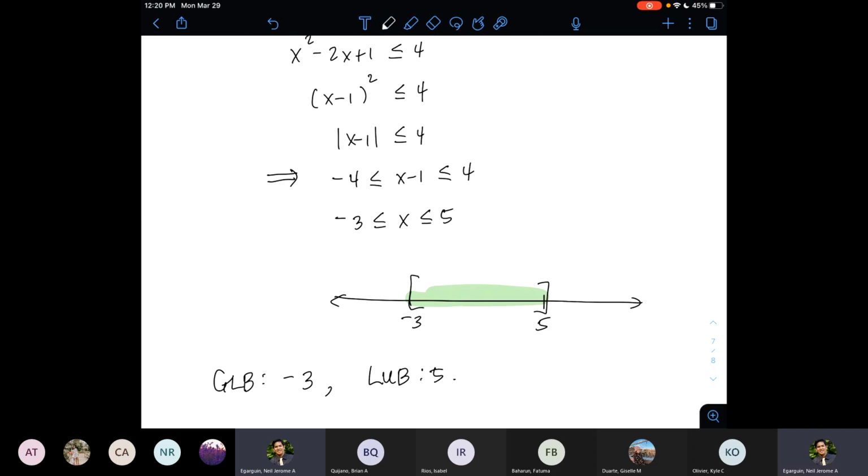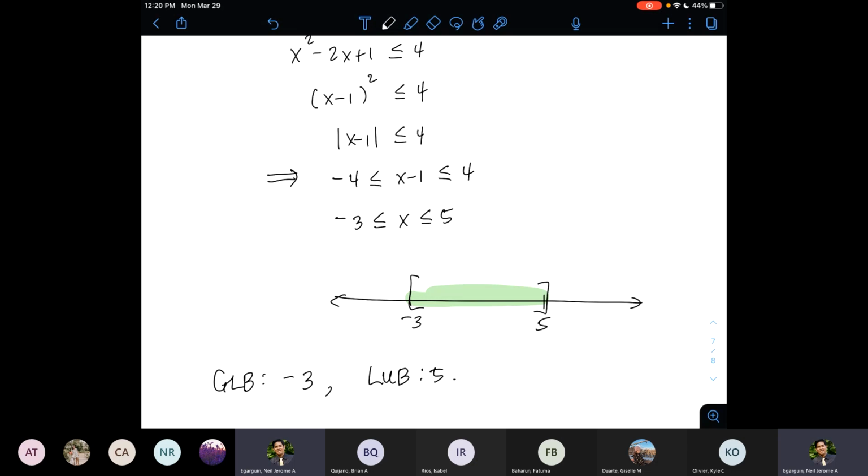Is that good? Is that clear, guys? Okay, so this is just a reminder that you need to at least remember how to solve basic inequalities like these. So try to review your algebra notes. Okay. Any other question in 9.1?